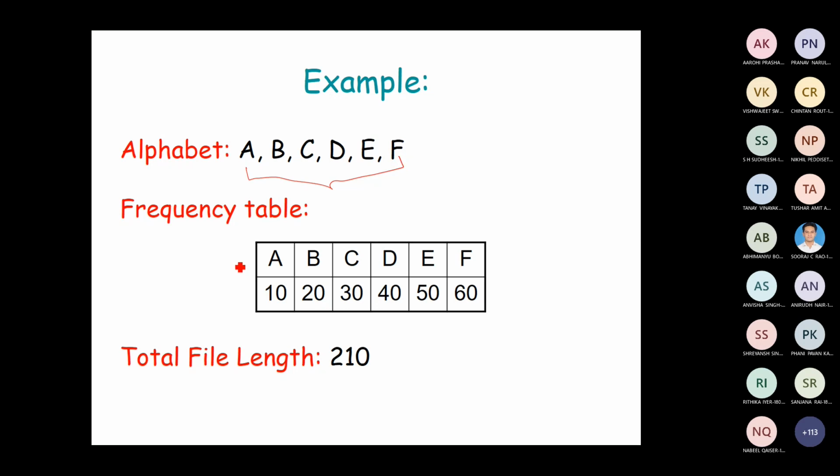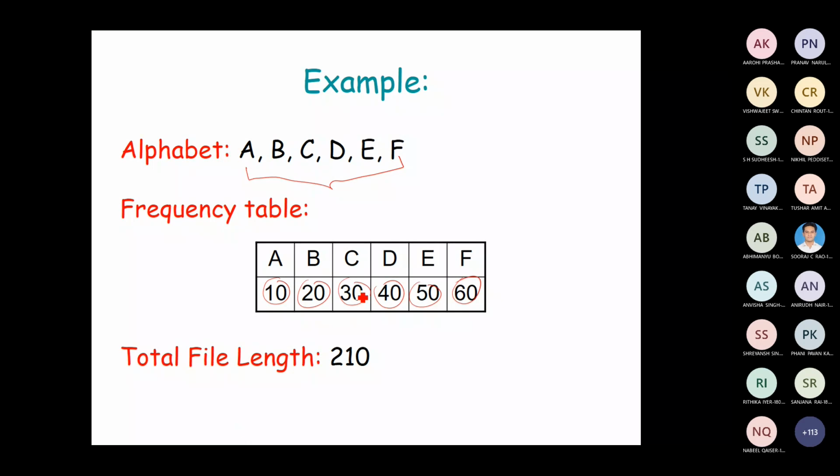I did a frequency analysis, counting how many times A occurs, B occurs, C occurs, D occurs, E occurs, and according to that this frequency table is created. A occurs 10 times, B 20 times, C 30 times, D 40 times, then 50 times, and 60 times.